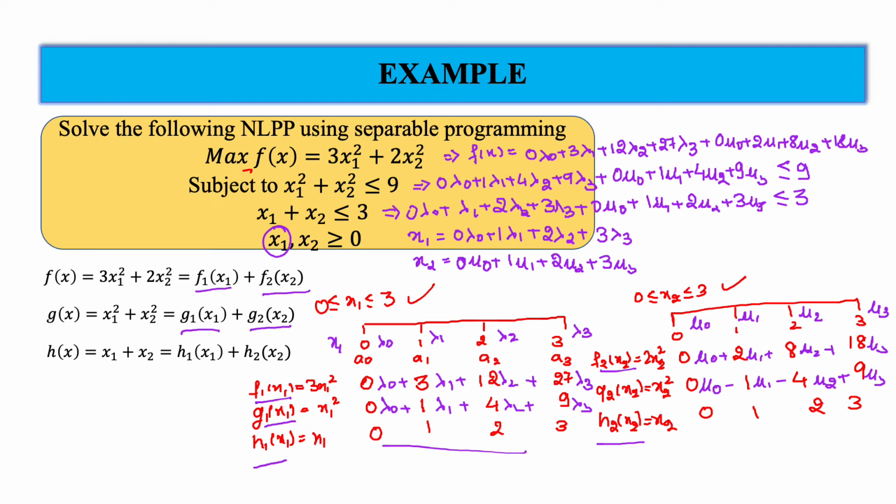And all the lambda i and mu j should be greater than or equal to 0 for all i and j.